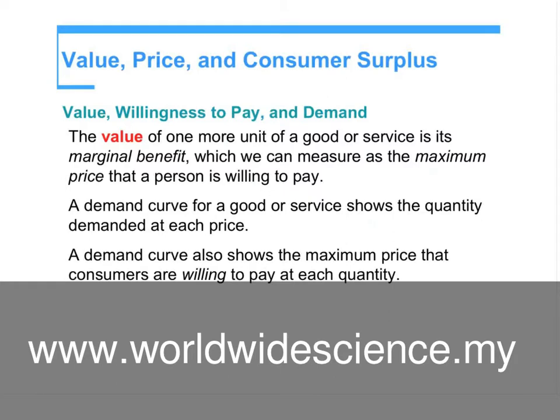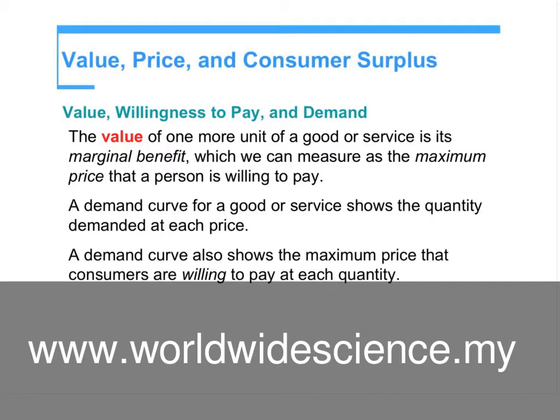So in the value part, we have a couple of concepts. One is the marginal benefit, which we can measure by the price the person is willing to pay; we call it value.